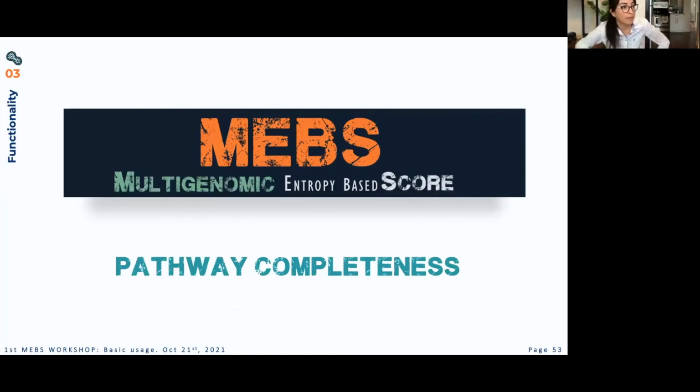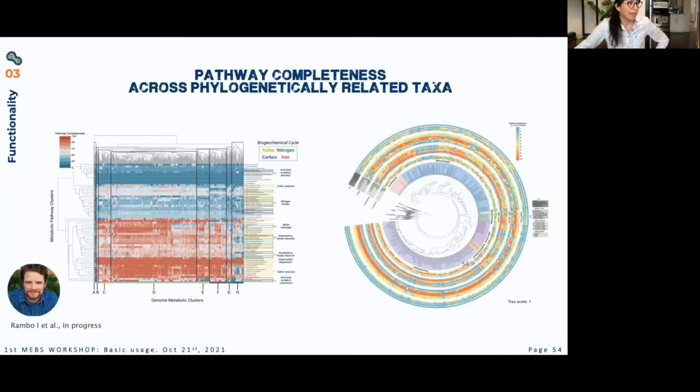Also, the other information you can get with MEBS is the pathway completeness. The pathway completeness is basically going to give you how complete several pathways are that are pre-computed in MEBS. This is something that you can get if you use MEBS with your genomes. Here, Ian is doing a time series analysis with hundreds and hundreds of organisms, archaea and bacteria.